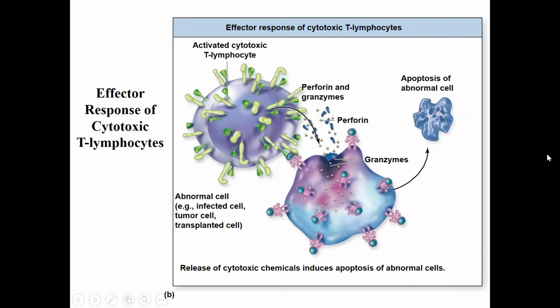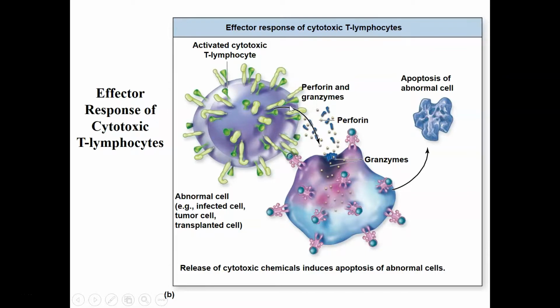All right, so this slide is summarizing the effector response of a cytotoxic T-cell after it's activated and it bumps into an abnormal cell having the same combination of foreign antigen matching the antigen receptor and MHC1.